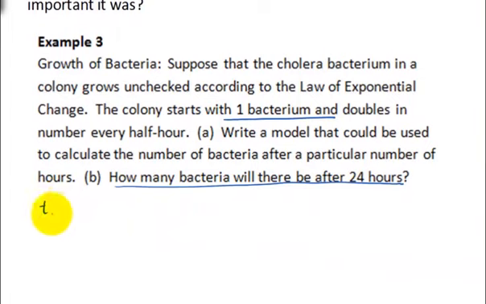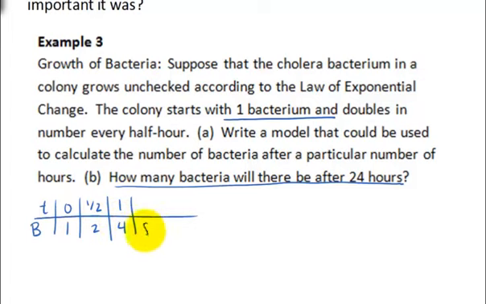In fact, if we're looking at our time period, at time 0, we have, let's call B for bacteria, 1 bacteria. After a half hour, we have 2. After 1 hour, we have 4, 8, 16, 32, and so forth. So this would be 3 halves of an hour, 2 hours, 5 halves in an hour.